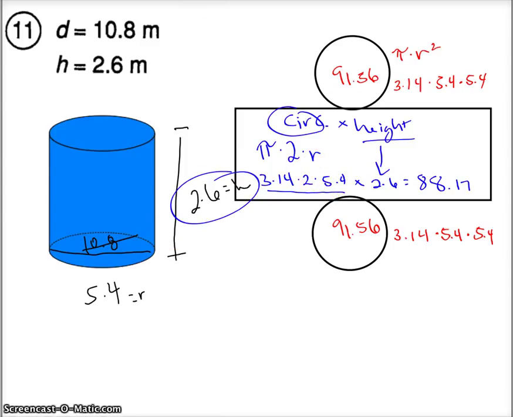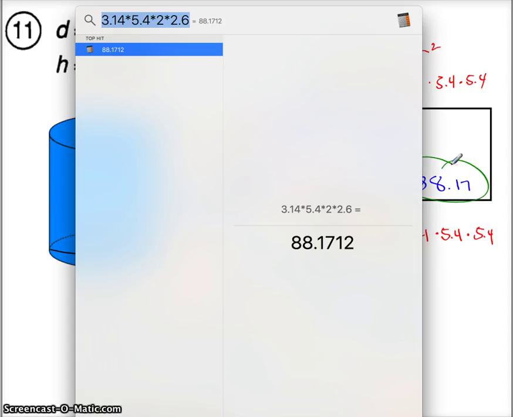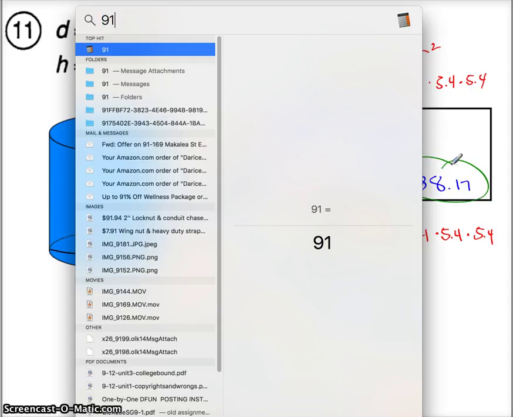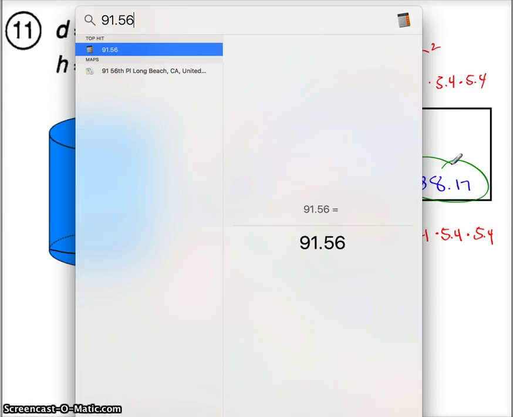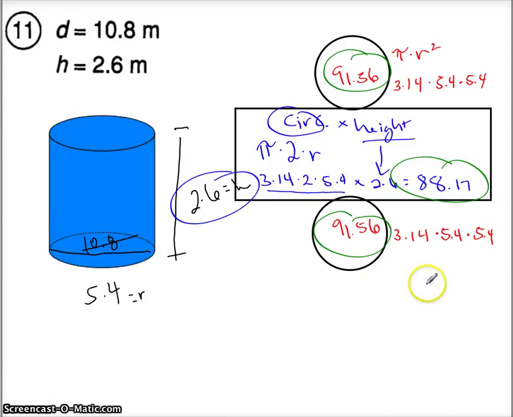So I'm going to add these three items together: 91.56, 91.56, and then 88.17. We get a grand total of 271.29.